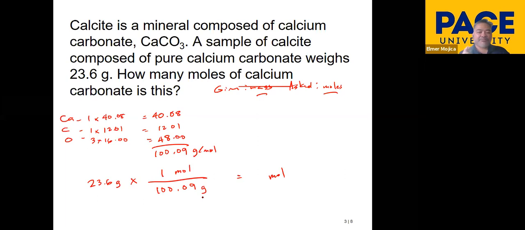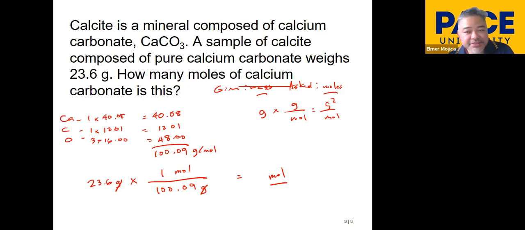Look at how I play with the numbers. Why didn't I put it as 100.09 grams per mole? Because I want to cancel out the unit of gram, leaving me the unit of moles. You have to be very careful on this one, because if you do it the other way around, grams times grams per mole will give you grams squared over mole, which doesn't make sense.